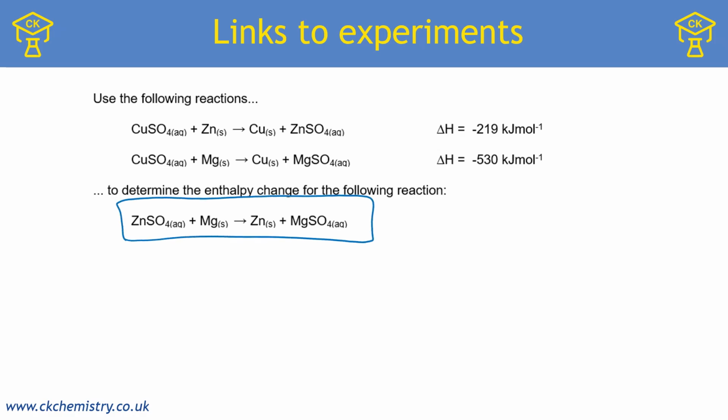This is the equation I want. That's the one I'm trying to calculate. Find the things in that equation. So zinc sulfate, boom. Magnesium, boom. Zinc, boom. Magnesium sulfate. Okay, what have I got left? Copper, and copper sulfate is the common denominator kind of thing in this reaction.